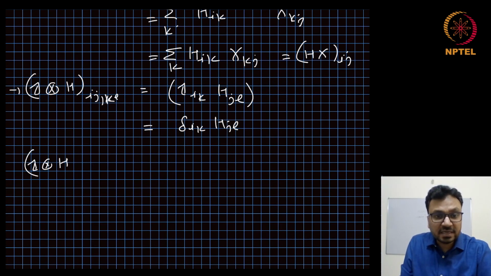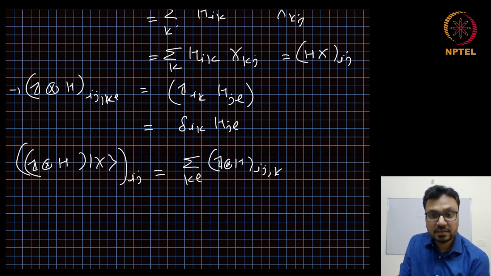Identity tensor H acting on vector X, the ijth element of that will be sum over kl of identity tensor H_ijkl and X_kl.